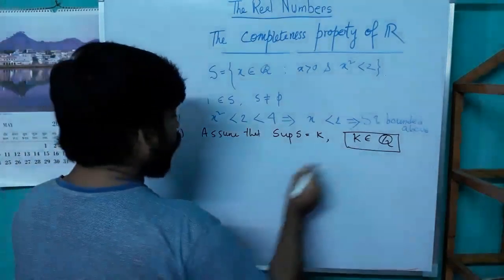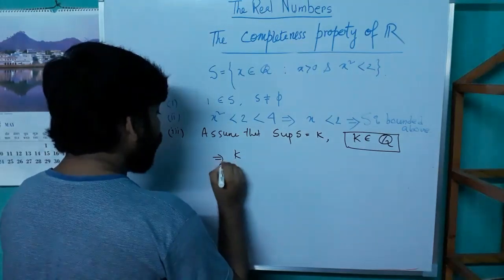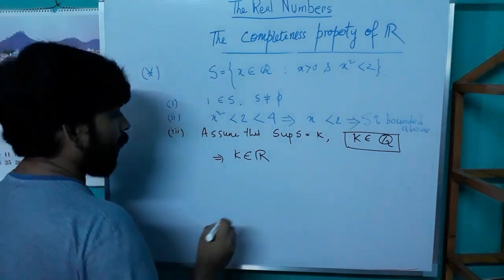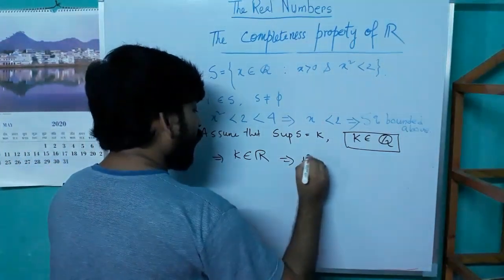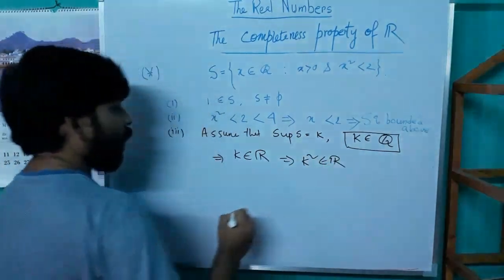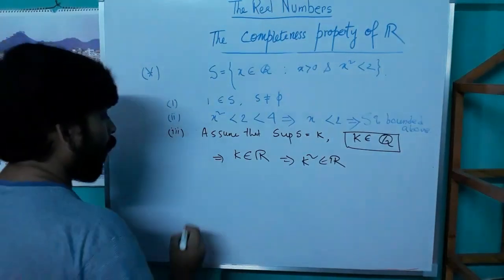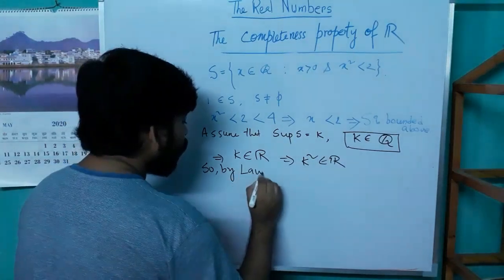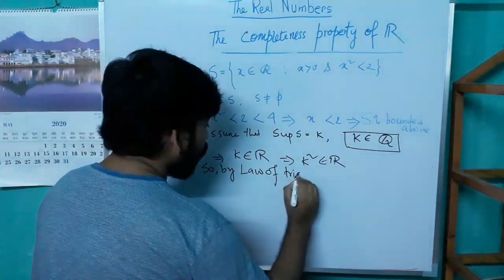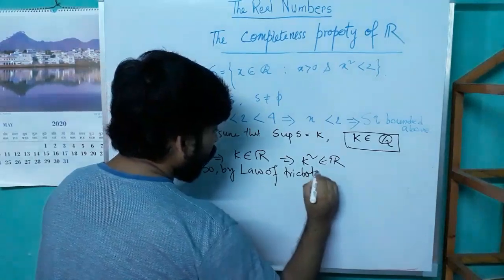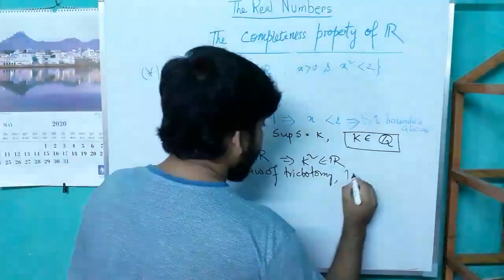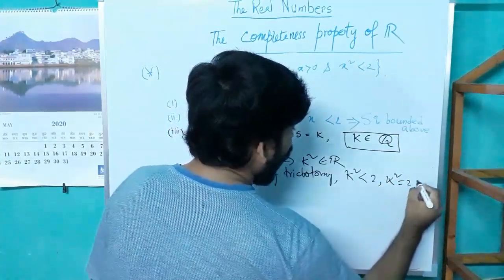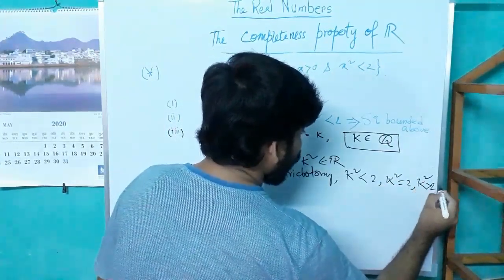Since K belongs to Q, obviously K belongs to R, and so K square belongs to R. So by the law of trichotomy, either K square is less than 2, or K square is equal to 2, or K square is strictly greater than 2.